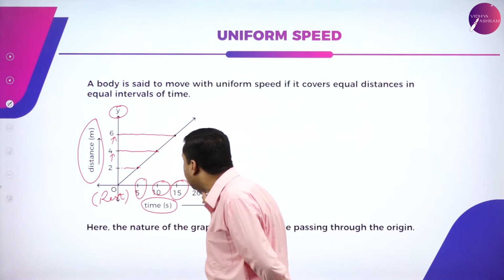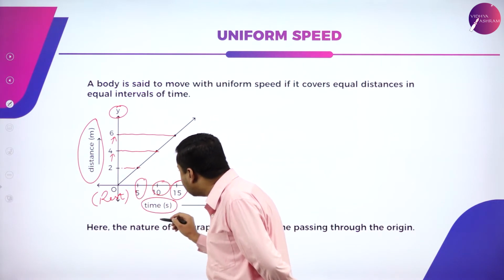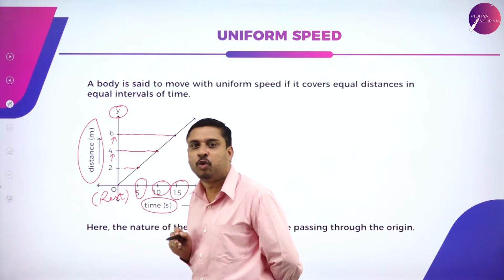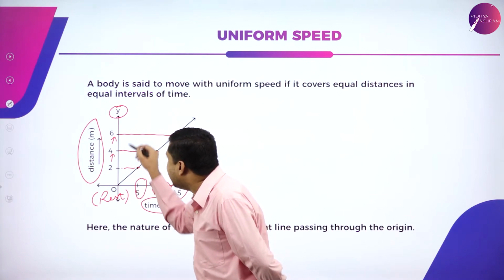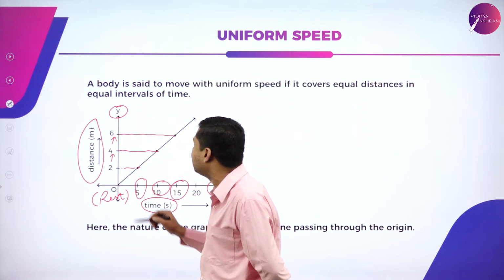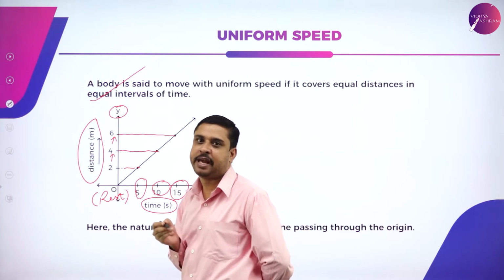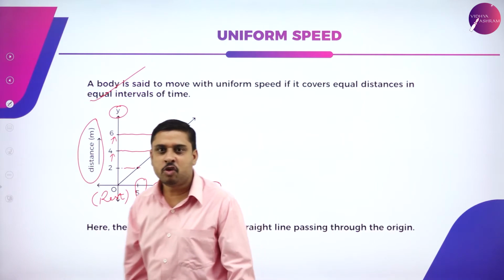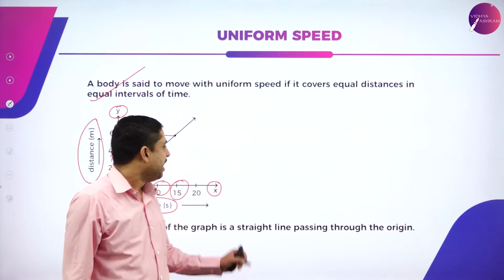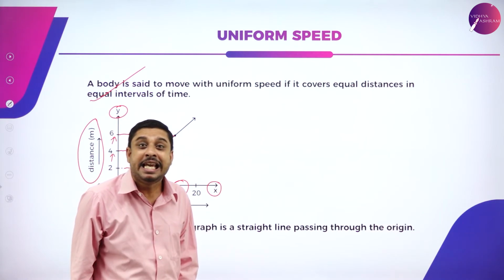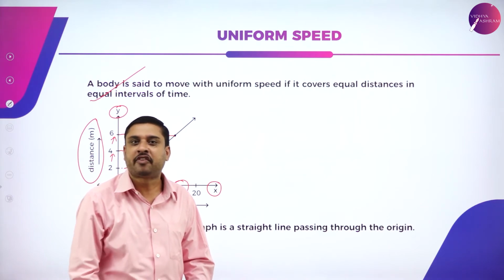However small the time interval is, if the body is covering equal distances, then we say it has uniform speed. So, when do you say a body has uniform speed? If it covers equal distances in equal intervals of time.